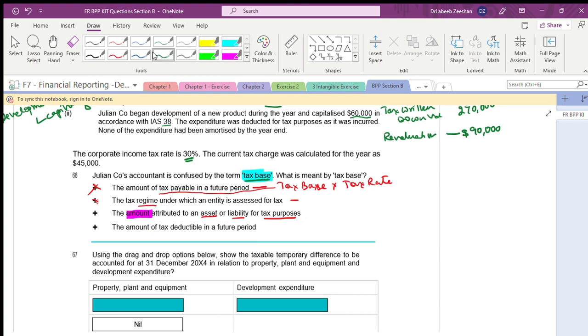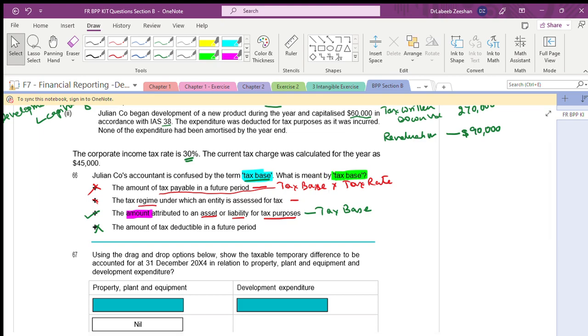The amount of tax deductible. We are not talking about the tax deductible in the future period. This is with respect to tax base, and this is a very important concept whenever we are talking about the concept of a tax base.